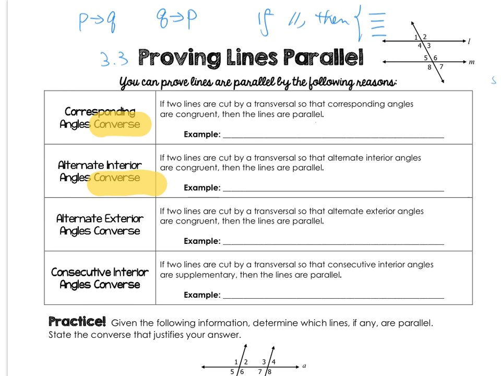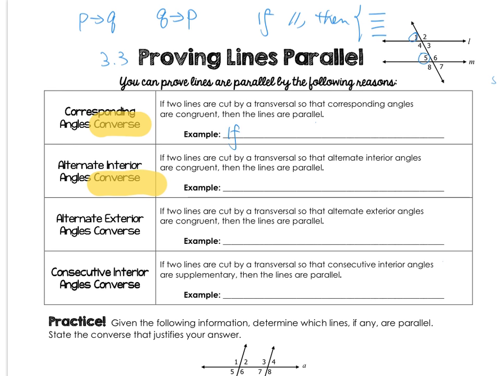So let's look at some examples here. Corresponding angles converse, and we've got a diagram up on top. Let's find a pair of corresponding angles. So I would take angle 1 and angle 5.